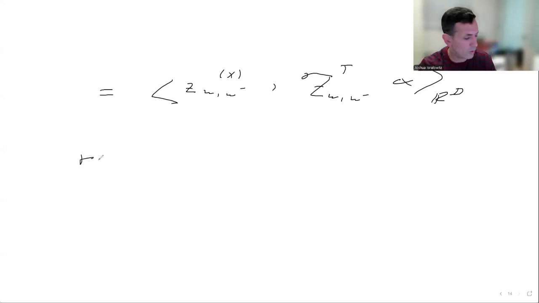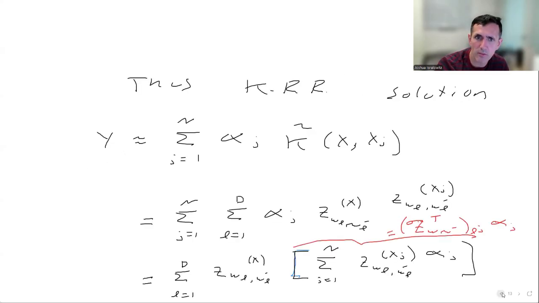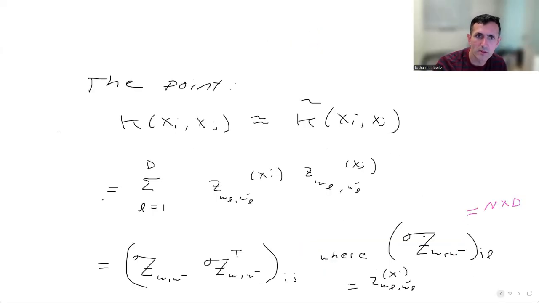So what's the point? The point here is we know what alpha is. And I want to be clear, I'm taking the alpha using my k tilde. So we know what alpha is. It's this one here, right?